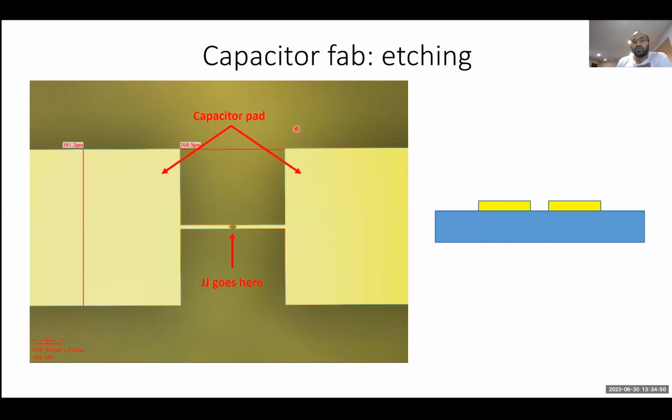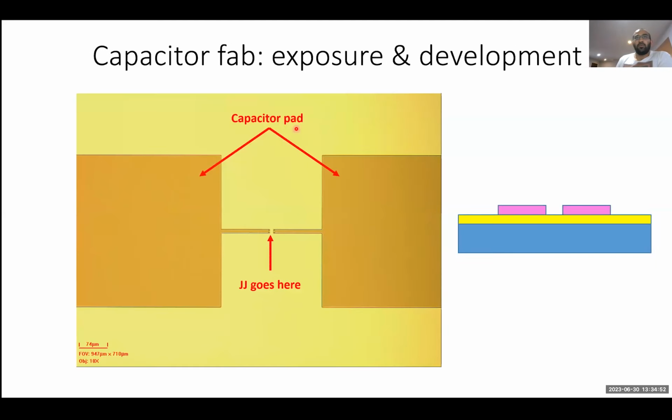So after development of your resist, you now have a photoresist mask that's masking your pattern against an etchant. That photoresist mask can also be vulnerable to your etching process.